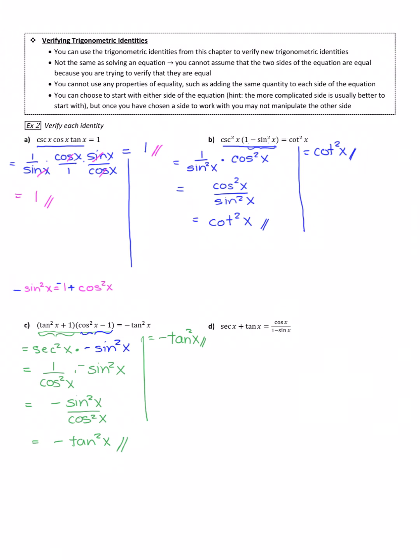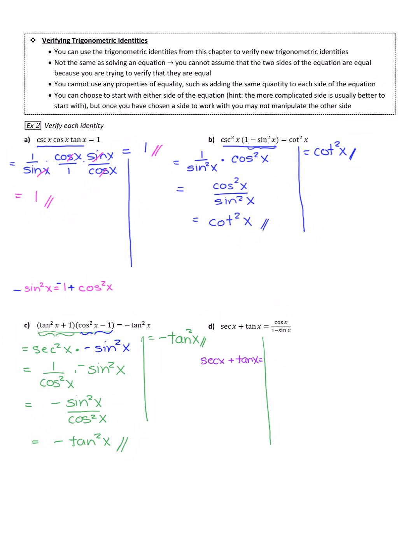Now in class, I actually did this identity both ways because sometimes it doesn't matter which side you choose. And so just to be a little different, this time I'm going to work on this side. I'm going to leave this here, and I'm going to work on cosine x over 1 minus sine x, because this is an important strategy that I already mentioned you're going to want to use a lot.